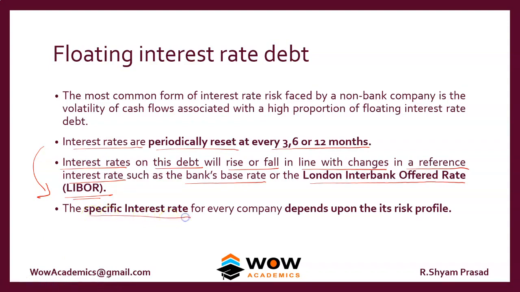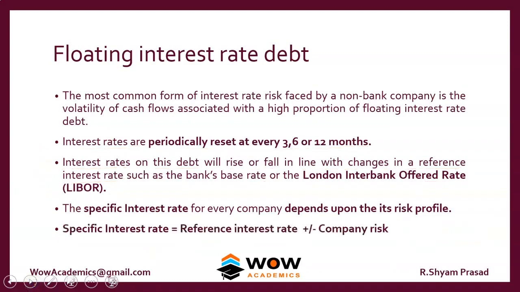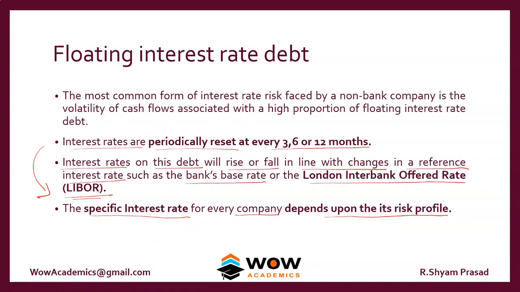The specific interest rate for every company depends upon its risk profile. Specific interest rate equals the reference interest rate, that's the LIBOR, plus or minus the company's risk. For example, if company A borrows a loan, they have to pay LIBOR interest, which is a general interest, plus the company specific risk also.